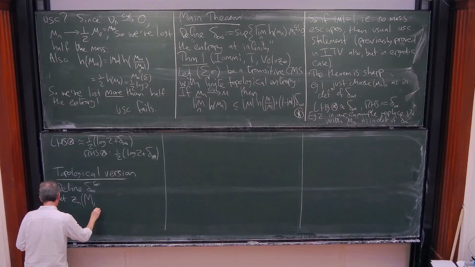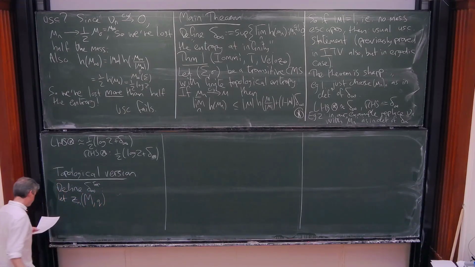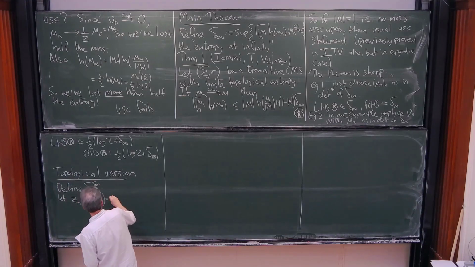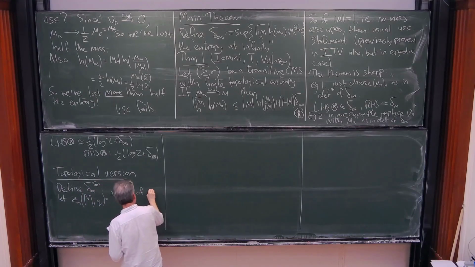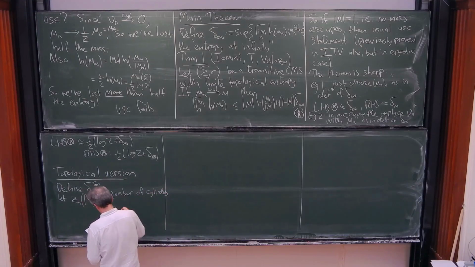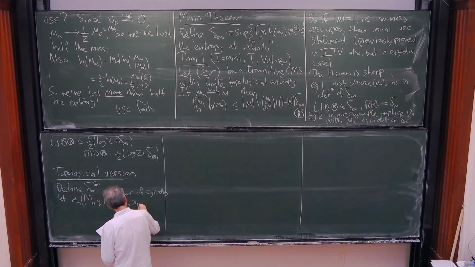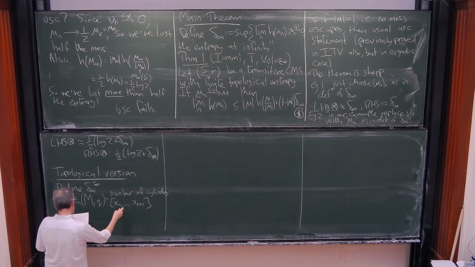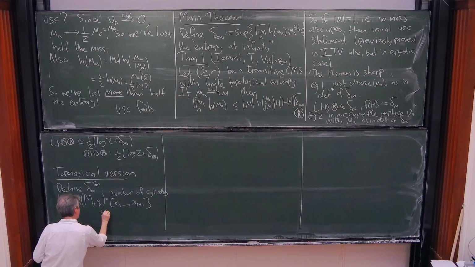So n is a big number, q is a big number, n is very big. So this is the number of cylinders x_0 up to x_{n+1}. Well, that's what we do in the paper.